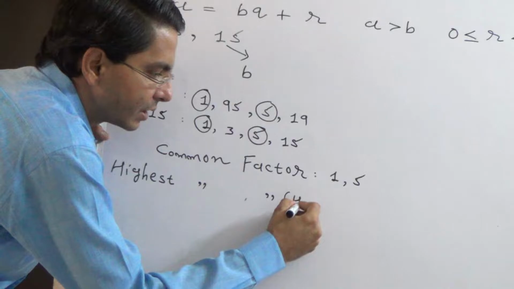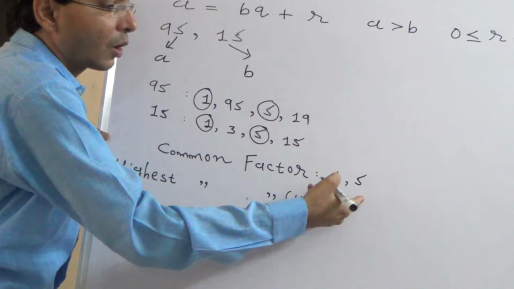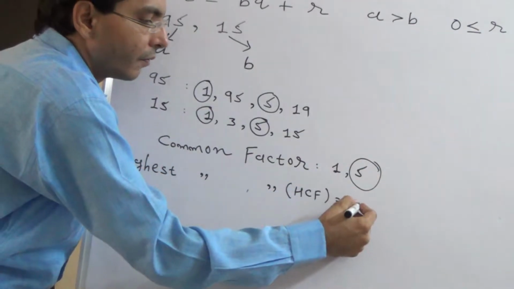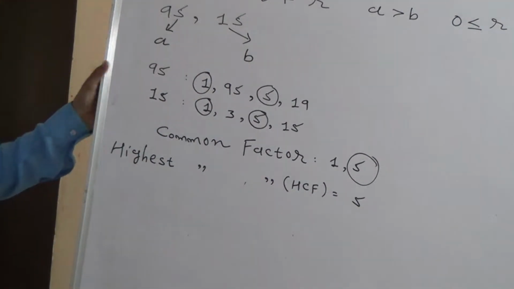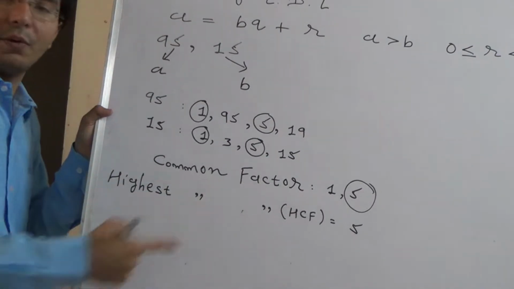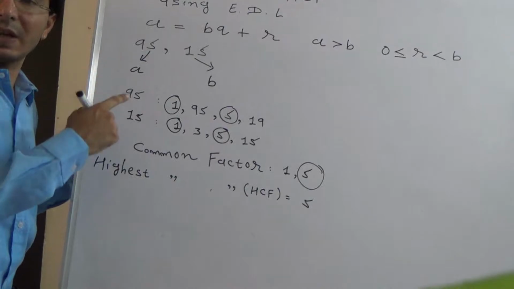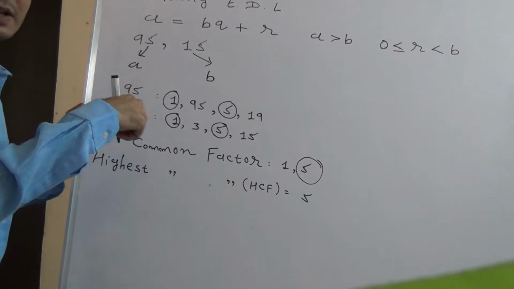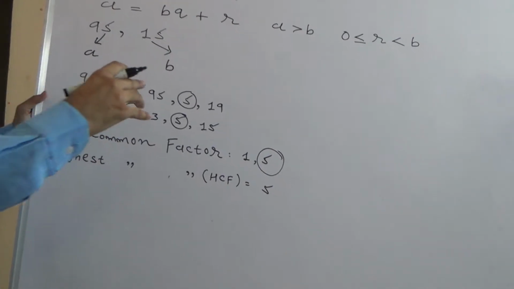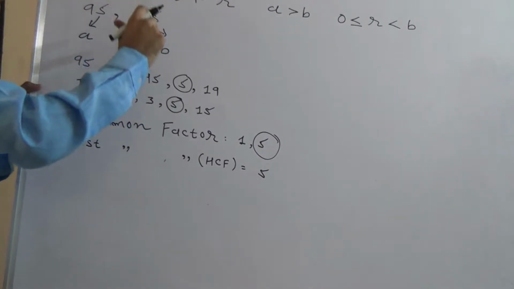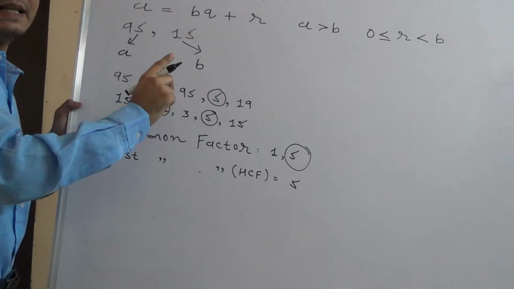So 1 and 5 are both common, but the highest is 5. So for 95 and 15, our HCF is 5. This method we already know from the previous standard, but in the present standard 10 we find HCF using Euclid Division Lemma. If I use both methods, the answer is the same.